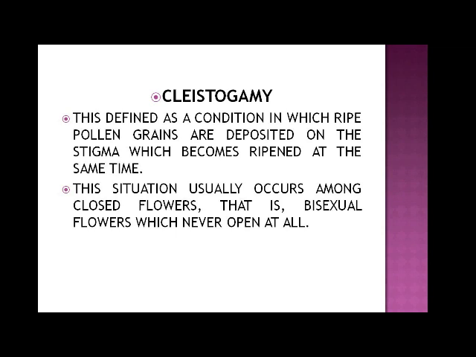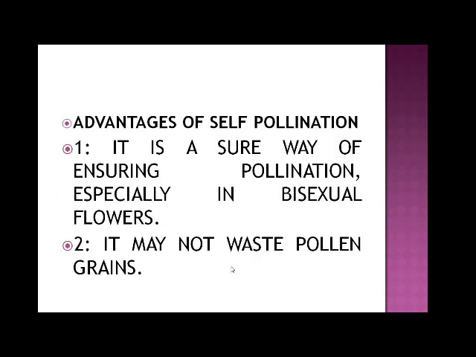In other words, as a result of the deposition of the pollen grains on the stigma, that now makes the stigmas become ripe instantly at that time together. This situation usually occurs among closed flowers, that is bisexual flowers, which never open at all.